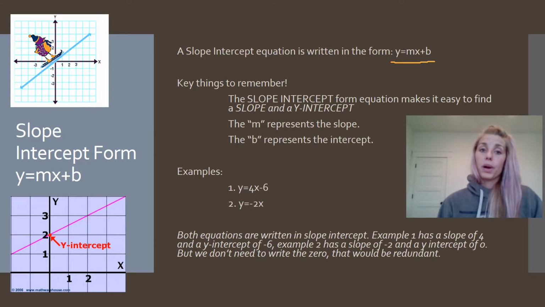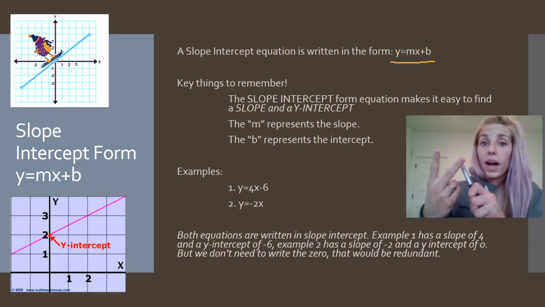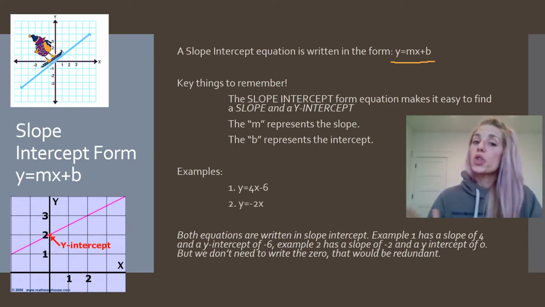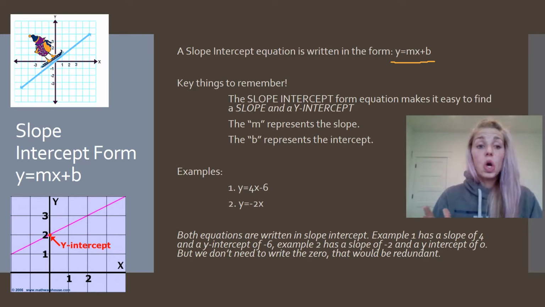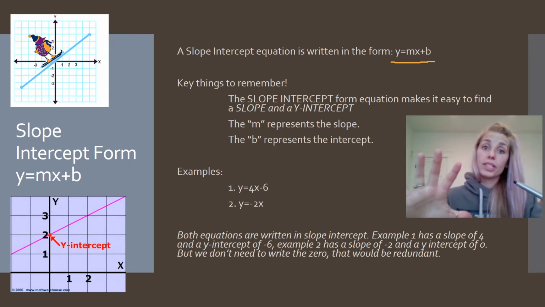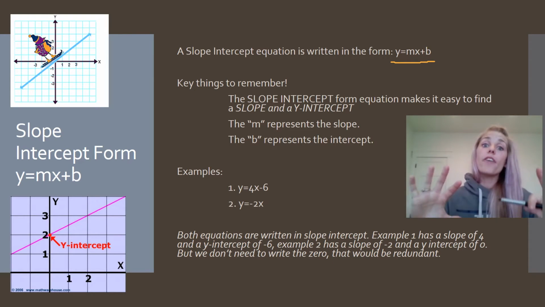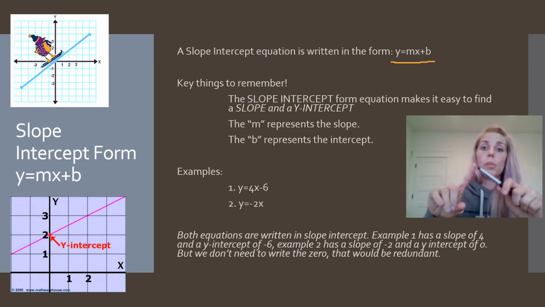Some things to remember are that the slope-intercept form equation makes it very easy to identify the slope and the y-intercept. Remember, in math, we don't try and trick you. We want to help you. So when we give you an equation in slope-intercept form, it's giving you a form where you can easily identify the slope and the y-intercept. Makes it very, very helpful.